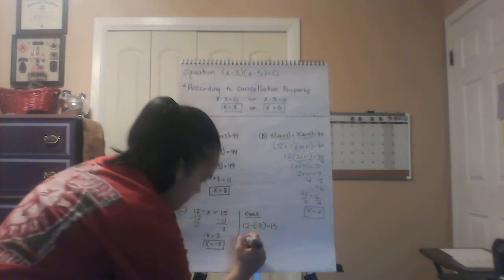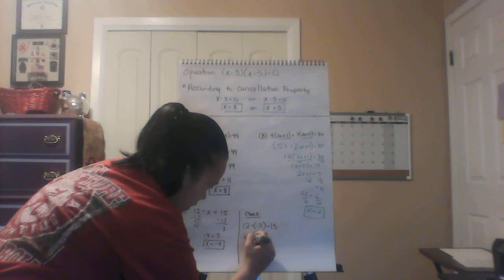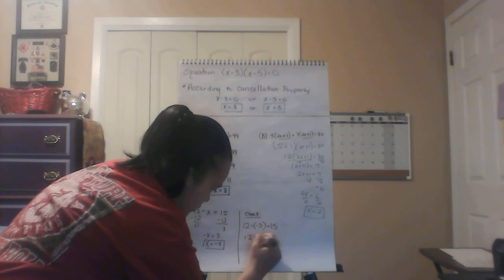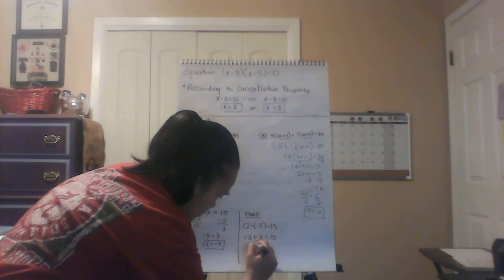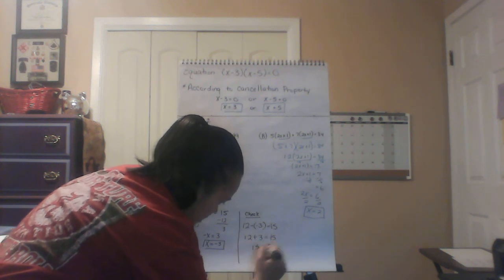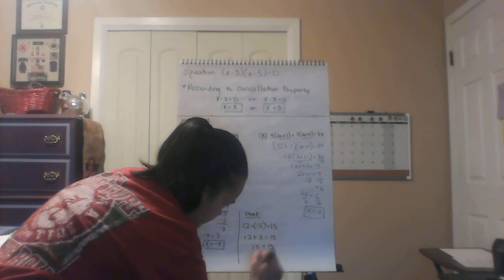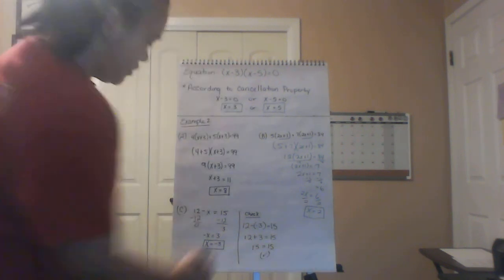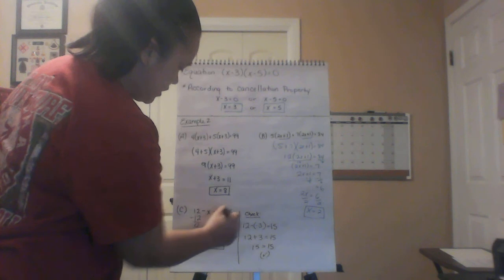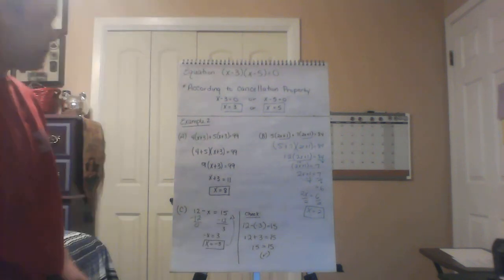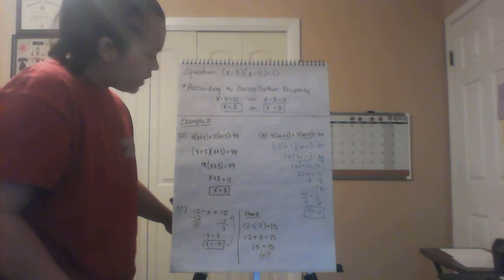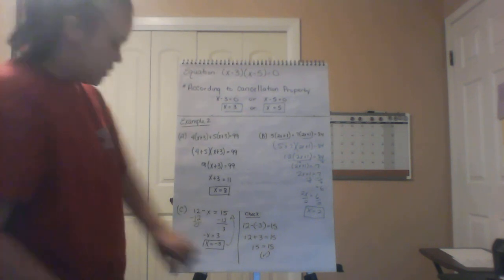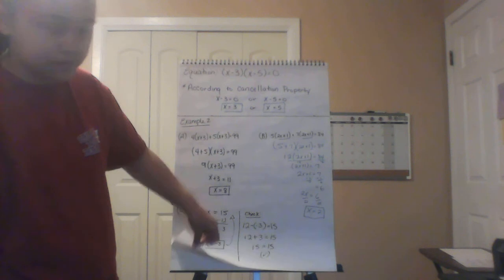Well, let's see. 12 plus 3 equals 15. 12 plus 3 is 15 equals 15. And it does. It checks out. So see, you can always put this answer back up in here to make sure that it does check out. By following these steps all the way up here to the beginning, it can be done.